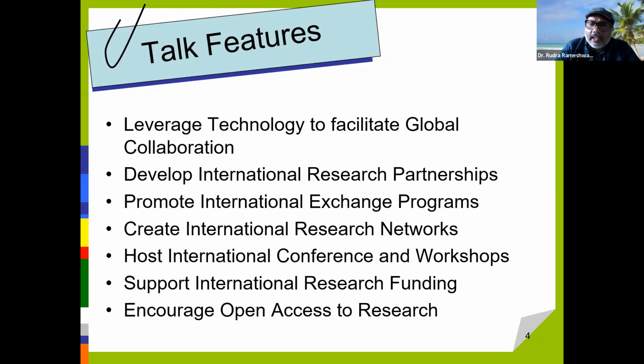And the last point is, guys, encourage open access to university research. Whatever research has been conducted by you or by your university, you should allow other people also to go through your research, maybe in the form of research paper sharing. We have platforms like ResearchGate, Google Scholar, and reputed publishers in academics like Springer, Taylor and Francis, Wiley, and many more.